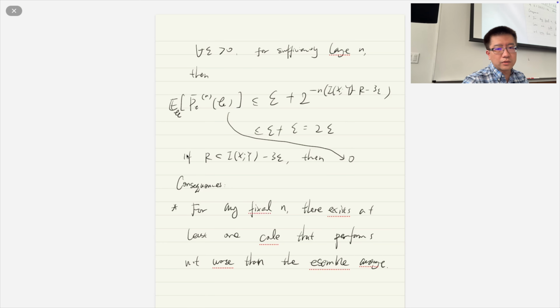And in that case, remember our capacity is not only the mutual information. We need to maximize the mutual information over the input distribution. Then we can manipulate the input distribution to maximize it. So we can choose P_X to maximize the mutual information.